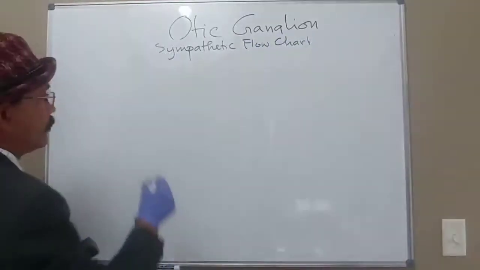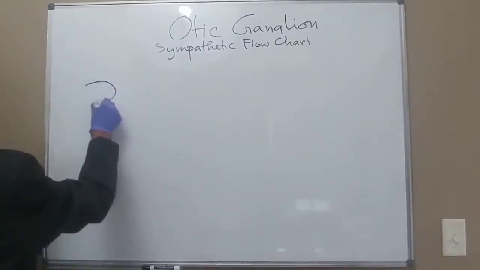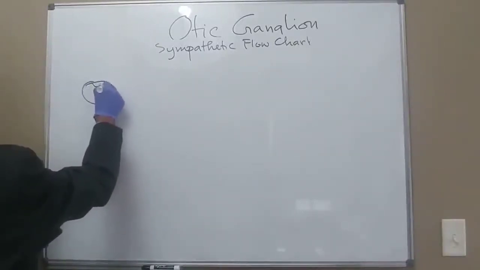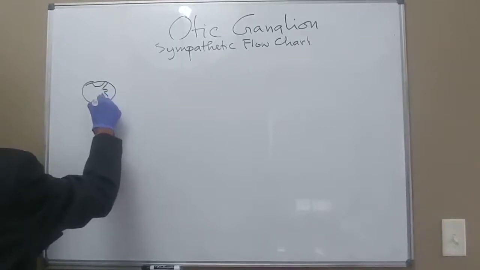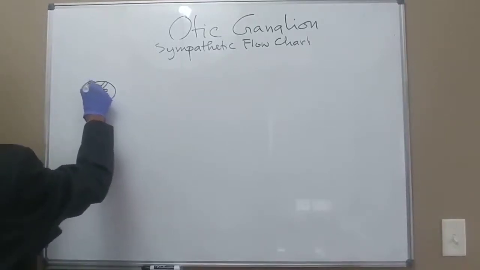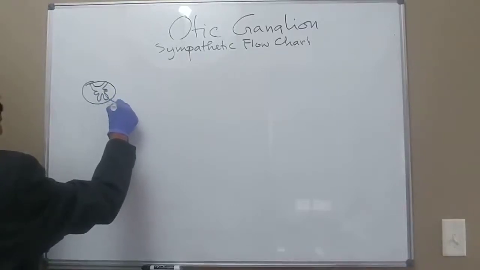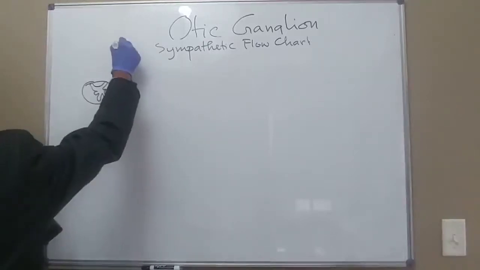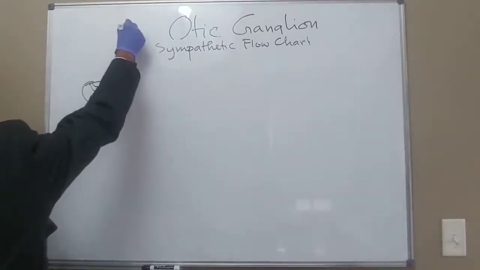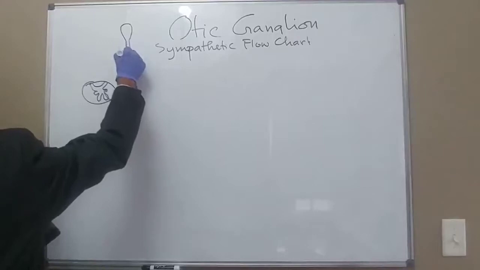Okay, that should come from the spinal cord. We have the intermediolateral gray horn there. From spinal cord, go to the ventral nerve root, spinal nerve, white rami communicans, and it will go to the sympathetic chain of ganglion.